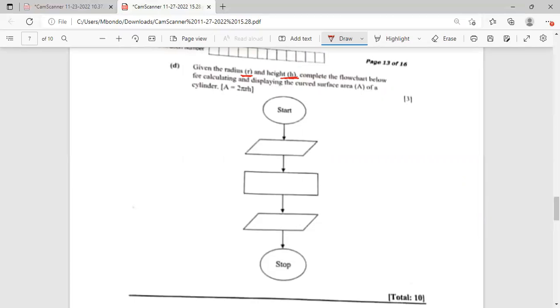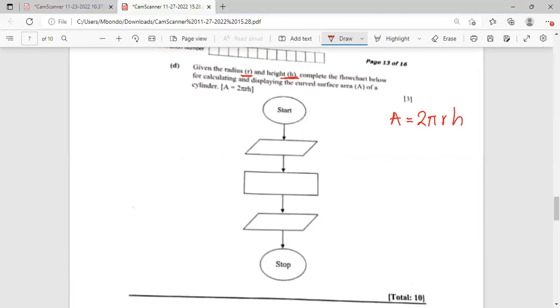The curved surface area of a cylinder is already given here as a formula. Now look at what they have given you in the formula. They gave you R and H. They have not given you 2 and pi, because we know these are already in the computer.